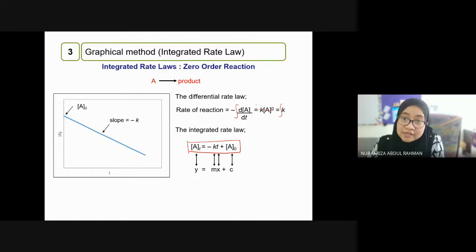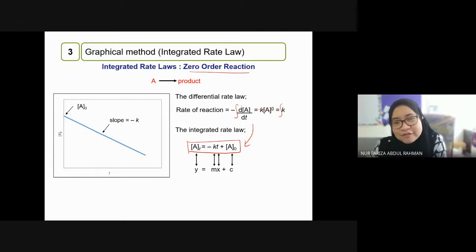I tried this one a long time ago, and I proved it: I did the integration myself and finally came to this final equation, and it is proven for the zero order reaction. I did it for zero, first and second, just once, and never again. I just wanted to prove it.